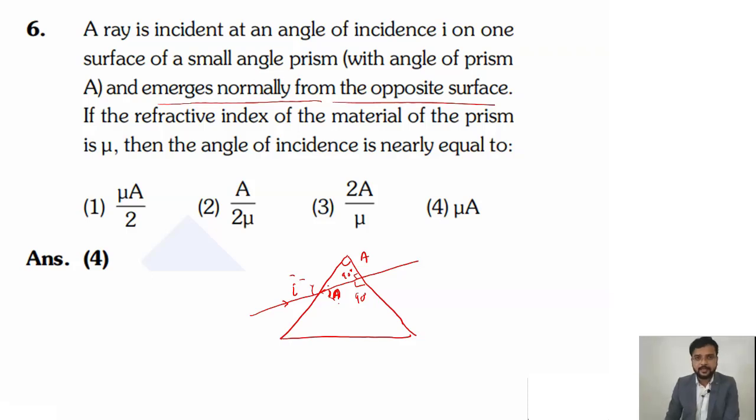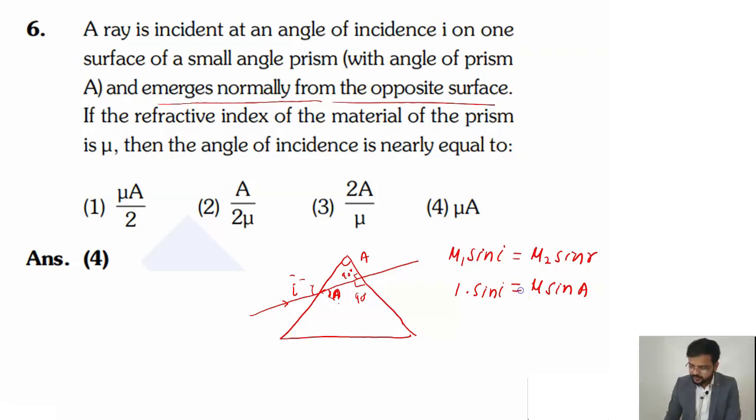So if I apply Snell's law over here, it can be written like that: mu1 sine I equals mu2 sine R. R equals what here? R equals A here, from the geometry. And mu2 is the refractive index of the prism, so this is mu, and this is sine A here. And mu1 is the refractive index of air, so it will be 1 into sine I, correct.